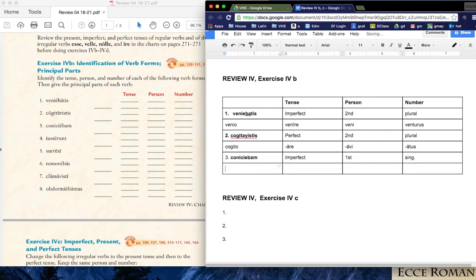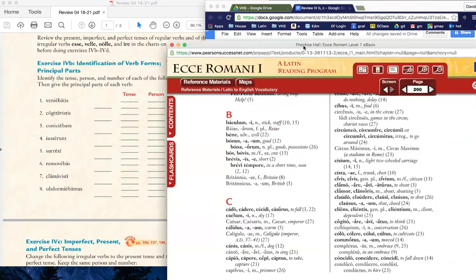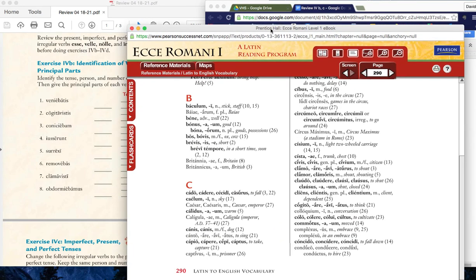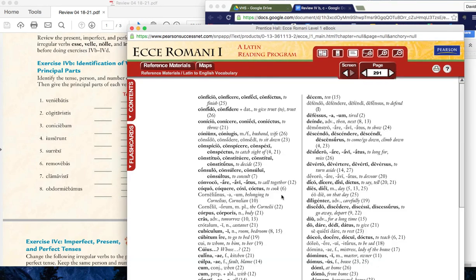Now again, say you have no idea, you don't remember where you've seen the verb konnichiebam or konnichio. We happen to have the C's up here, so will we get lucky? Let's see. Okay, here it is right here. Konnichio, konnicere, konnieki, konjectus. We get the English word conjecture from this, and that's kind of a long story, but there it is right there.